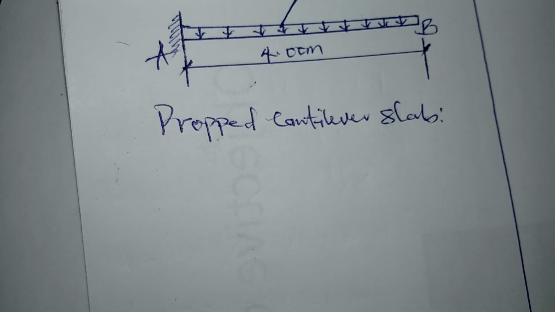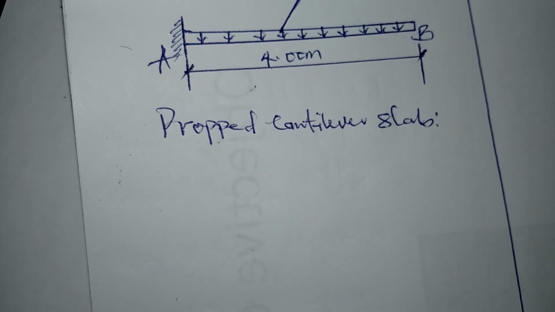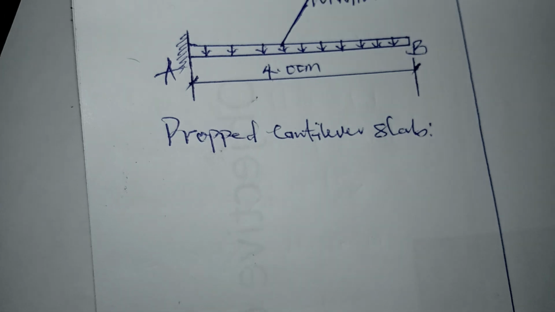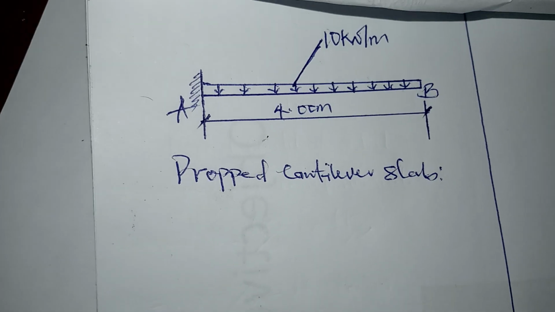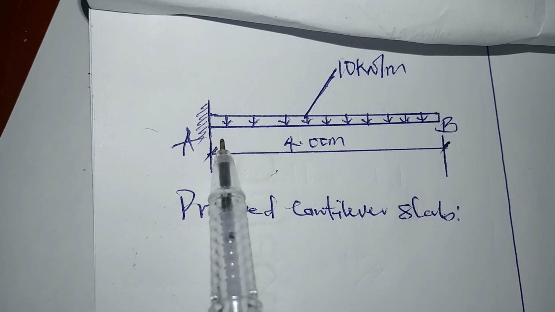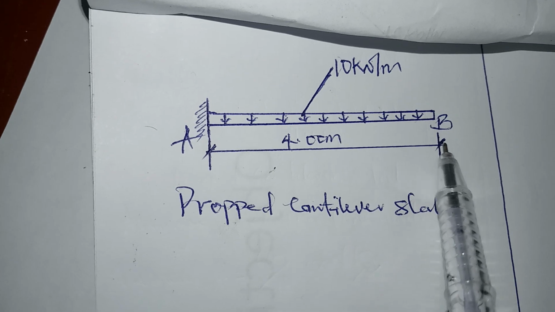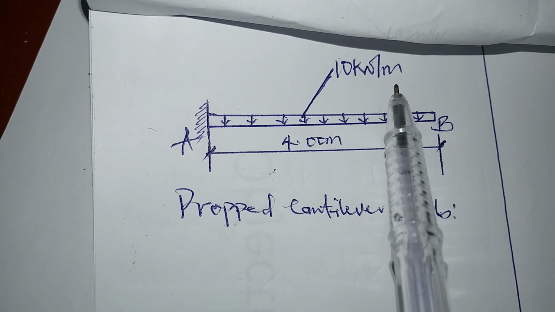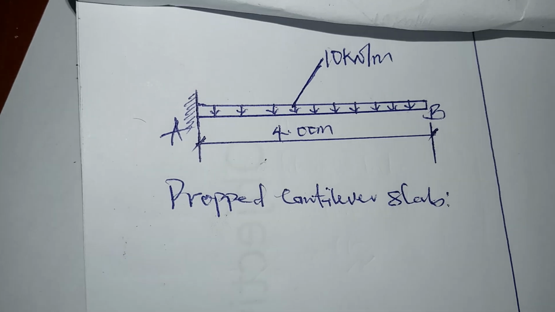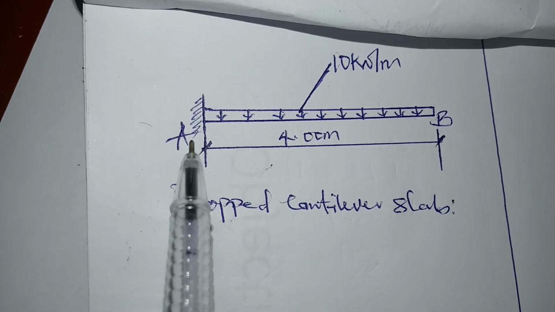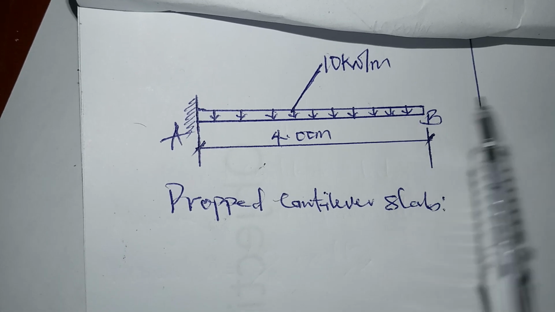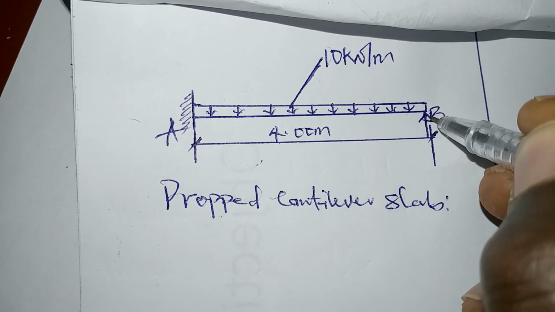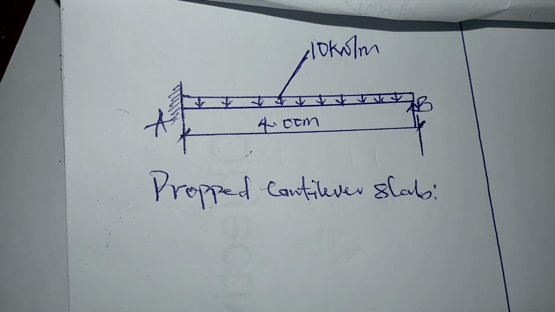So we are going to be analyzing this slab to get the quantity of reinforcement needed for the safe performance of this slab. The slab is a 4-meter span slab with a 10 kilonewton per meter uniformly distributed load, with one end fixed and the other end simply supported, making it a propped cantilever beam.